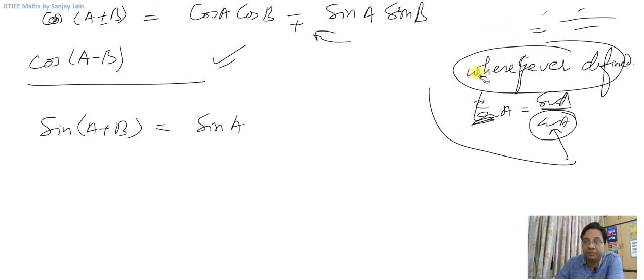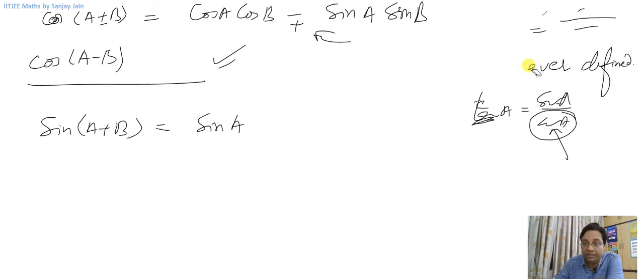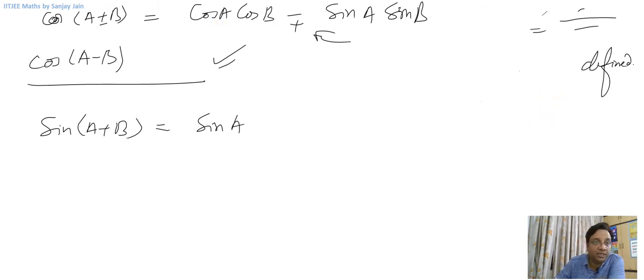So what I was trying to show you is that when you know sine of a plus b, you can find some other identities also. For example, if I replace b with a in sine of a plus b, what was sine of a plus b? Sine a cos b plus cos a sine b.